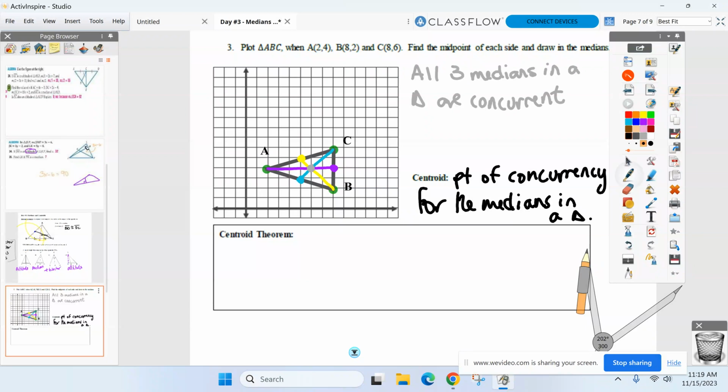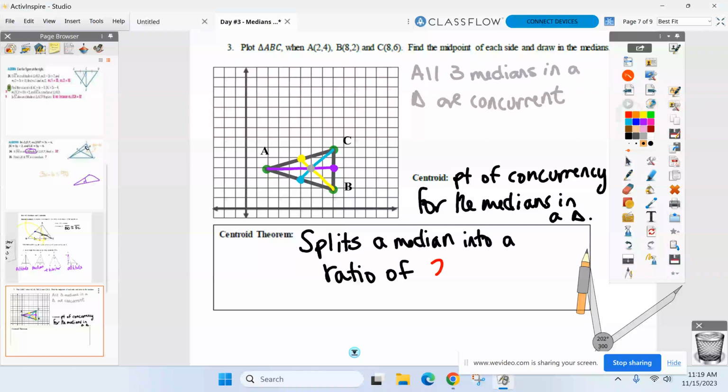Centroid, no equidistant here, but it splits a median into a ratio of 2 to 1. I will describe what that means in a second. If you haven't done so already, mark the centroid on your graph, please.